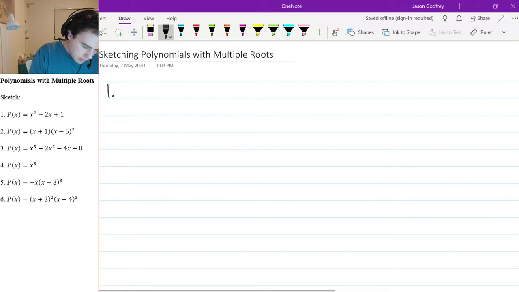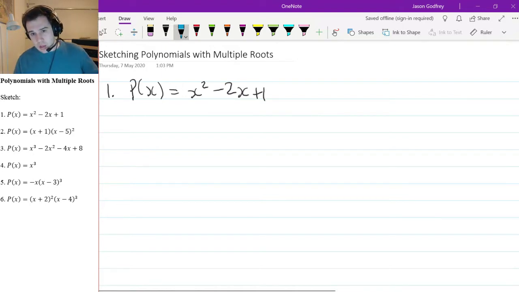So for question 1, we've got this polynomial which should look familiar, like a quadratic, and like before, if it's not in a factored form, it'll be difficult to find the roots, so we want to factorize it.